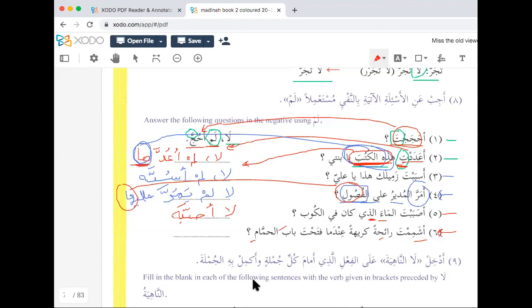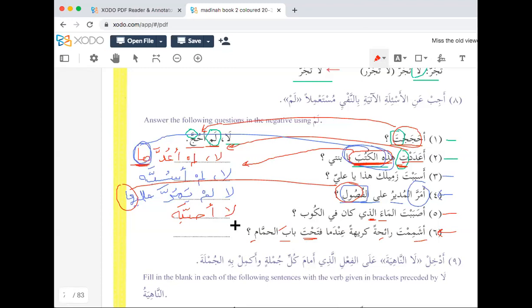Sorry. فتحت الباب الحمام. نعم. باب, this is مفعول به from فتحت, and الحمام is مضاف إليه. As a bit of a crude question, did you smell that filthy smell when you opened the toilet door?